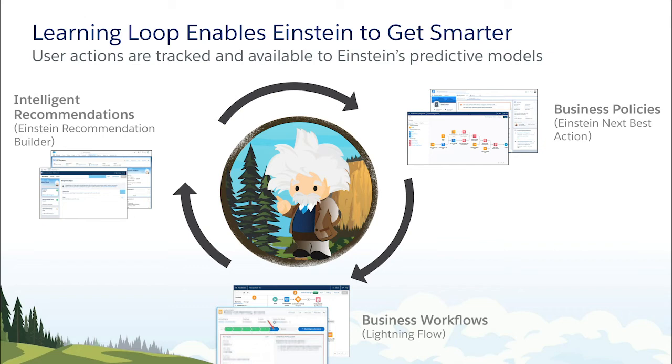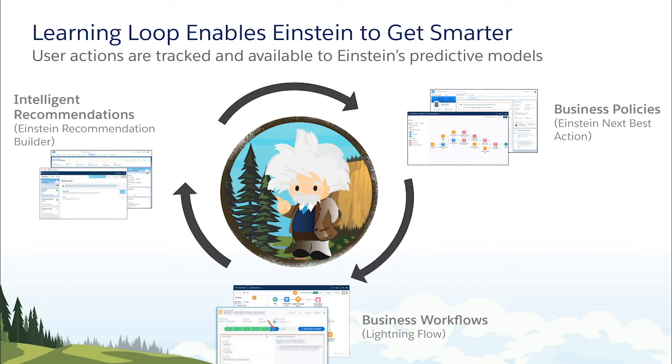For example, if you are looking to make product recommendations to accounts, Einstein learns from purchase patterns of accounts that are similar in terms of size, geography, industry, and also leverages an account's past purchase history to make product recommendations.